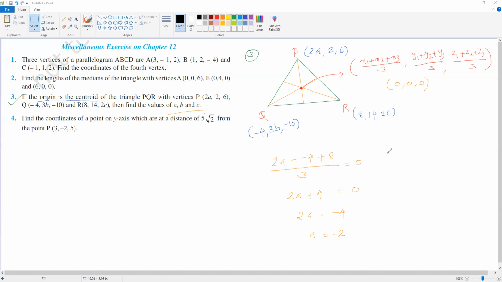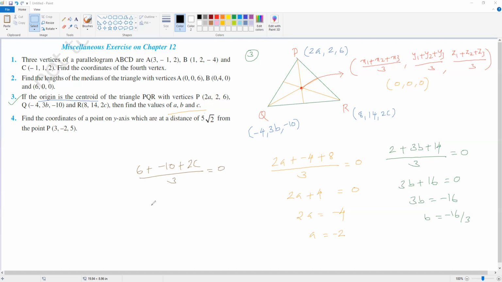Then again, y1 plus y2 plus y3, that is 2 plus 3b plus 14 divided by 3, is equal to 0. So 3b plus 16 is equal to 3 into 0, which is 0. So 3b is equal to -16, b is equal to -16 divided by 3. Now the third one, z1 plus z2 plus z3, that is 6 plus -10 plus 2c divided by 3, is equal to 0, because the centroid is given as 0, 0, 0, the origin.